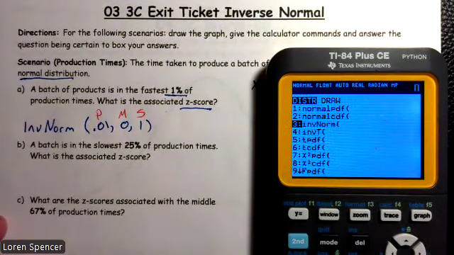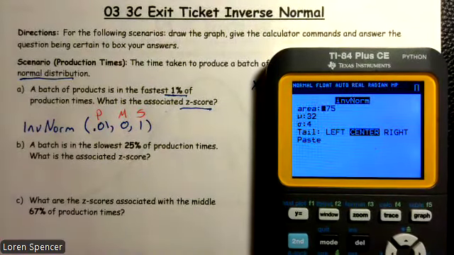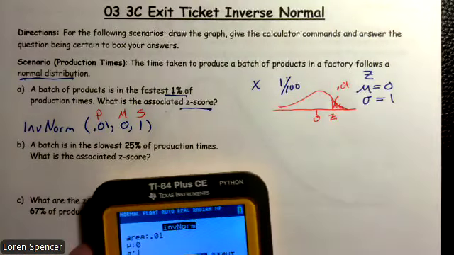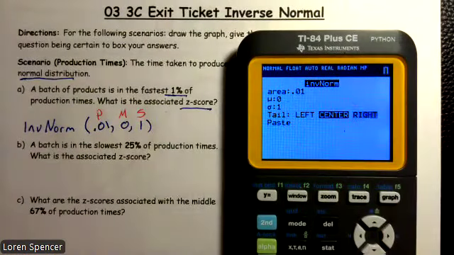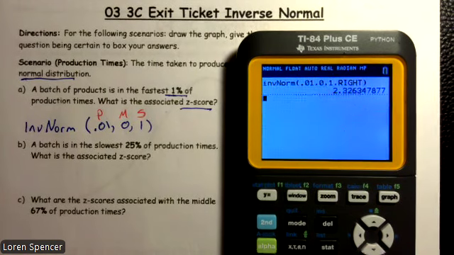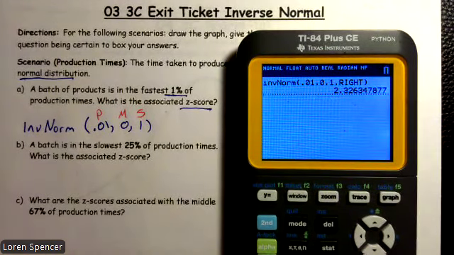Second vars, inverse norm. So we're going to have 0.01, mean of 0, standard deviation of 1. And I notice I'm shading from the right, so make sure that's highlighted. And I end up getting 2.3263.